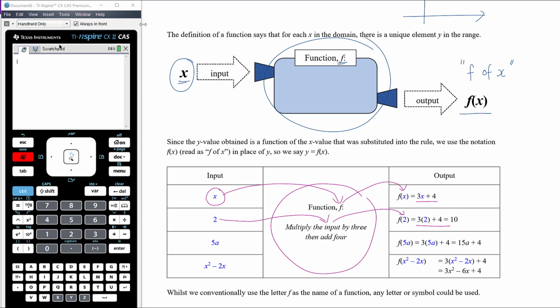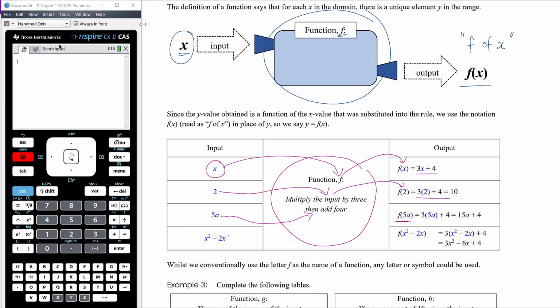If our input is 5a, we put it into the function, which says multiply that input by 3 and then add 4 to it. So we're applying the function to the input 5a. We're doing f of 5a, which is 3 times 5a plus 4, which we can expand and simplify. Similarly, the input could be a more complicated algebraic expression.